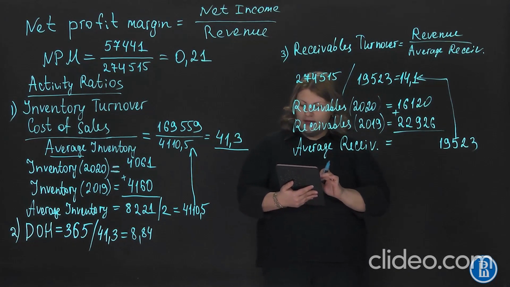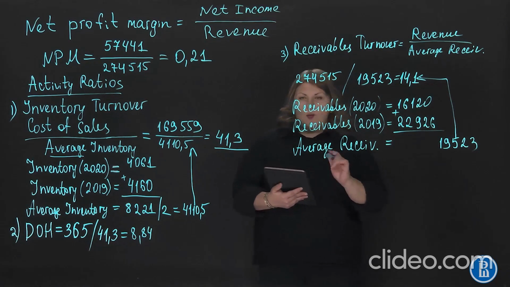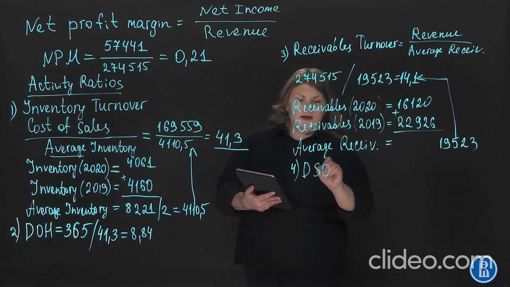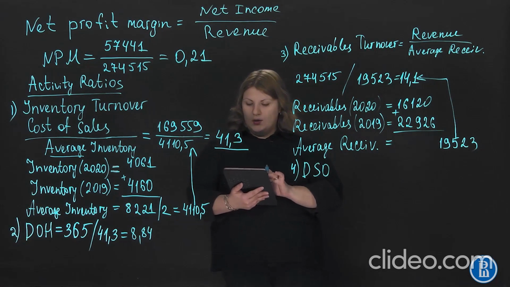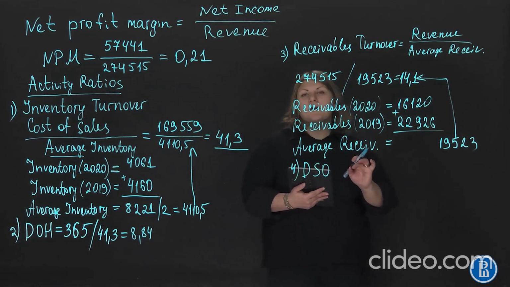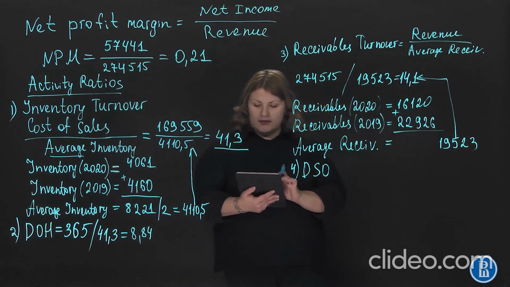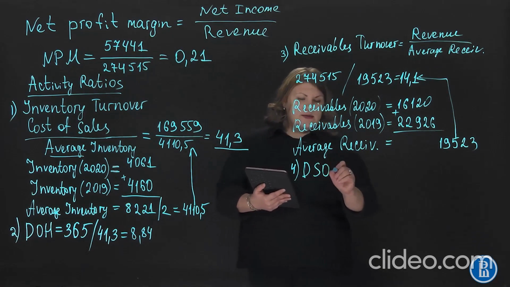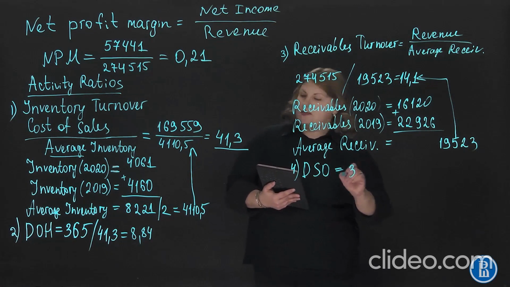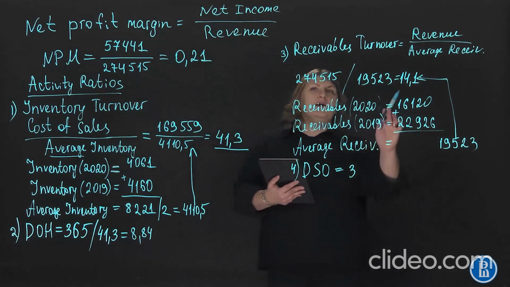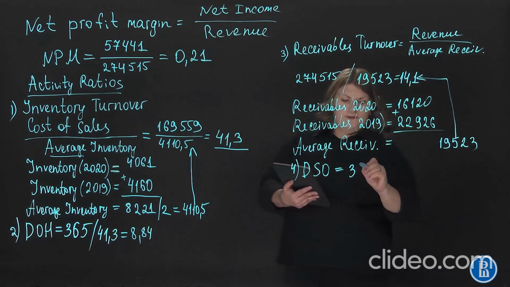This is actually the average amount of days when the company receives money for the sales. We can therefore find another ratio here, which is days of sales outstanding. Days of sales outstanding will be calculated just as we have calculated DOH, but using our receivable turnover figure.